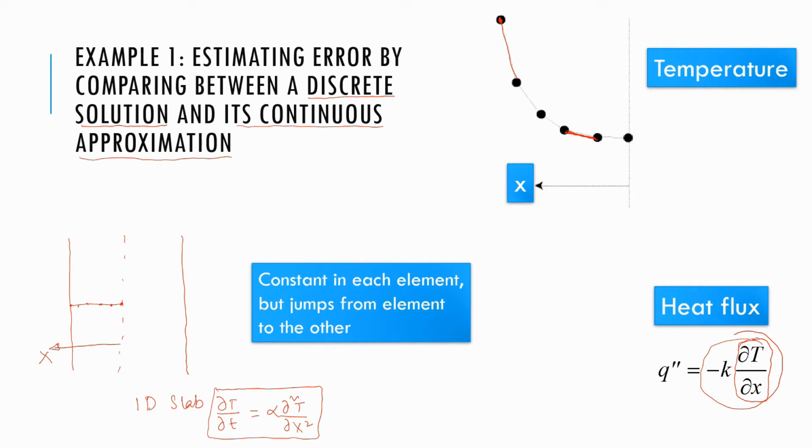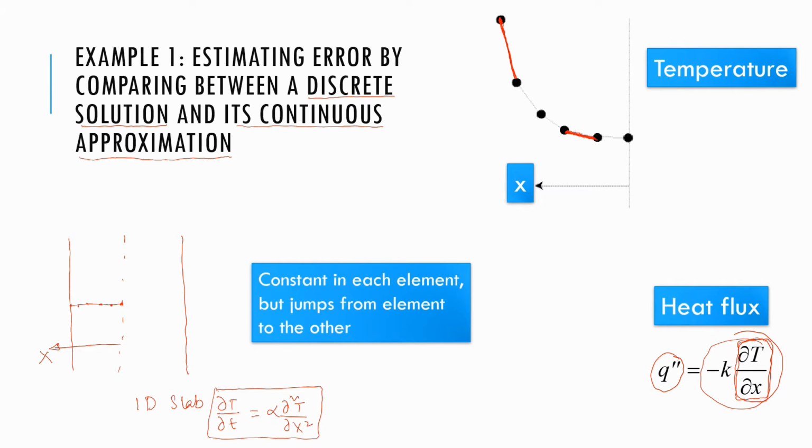Since the slope is constant because of this linear element, within an element the slope is constant, right? But it varies from one element to the next. So if the slope is constant, then the heat flux within an element would be a constant.